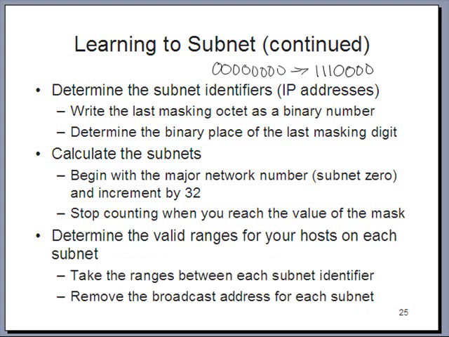The last bit of the masking determines this increment, this 32. So this is 2 to the 5th power, and 2 to the 5th power is my 32. So now what I have to do is get all of my ranges.